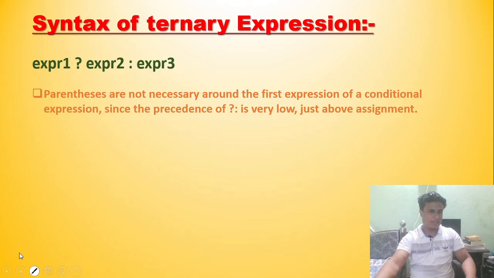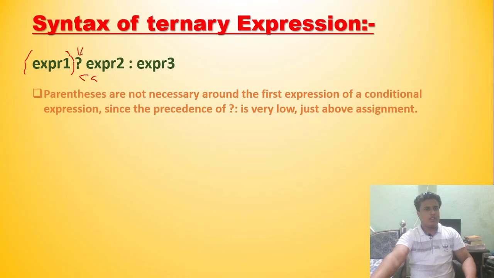What does this mean? The parentheses are not necessary around the first expression of the conditional expression. There need not be any parentheses here. So we didn't have to write this like this. It isn't necessary, because the precedence is very low, much lower than any other expression, just above the assignment expression.